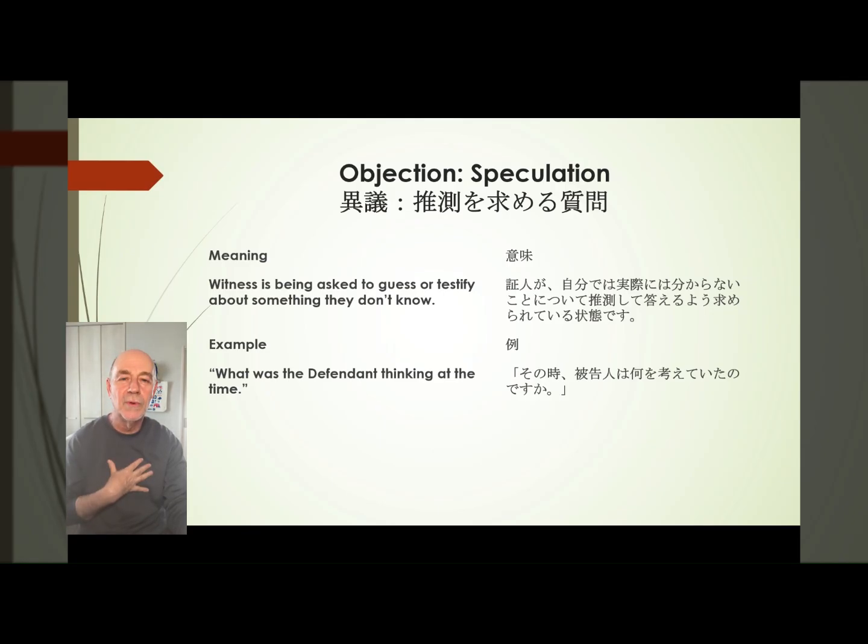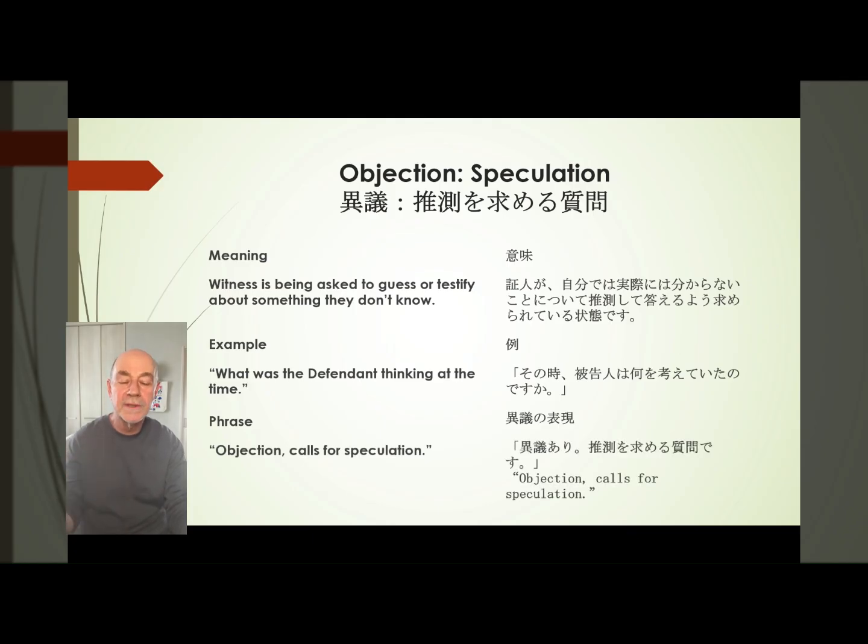Or if you start asking me, as a lawyer, about medical things, what was the defendant's medical condition? I'm a lawyer, not a doctor. So the phrase would be, objection, the question calls for speculation. It means you're asking somebody something that they just don't know. So those are the main objections you should be aware of when you're moving forward with your cross-examinations.